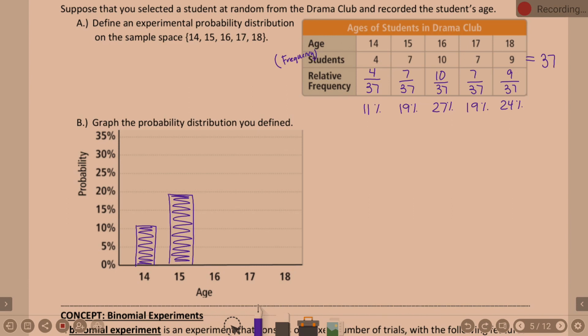So we're going to go up here a little bit past 25. And we've got a bar 27% high. 17-year-olds are 19%. And 18-year-olds are 24%.